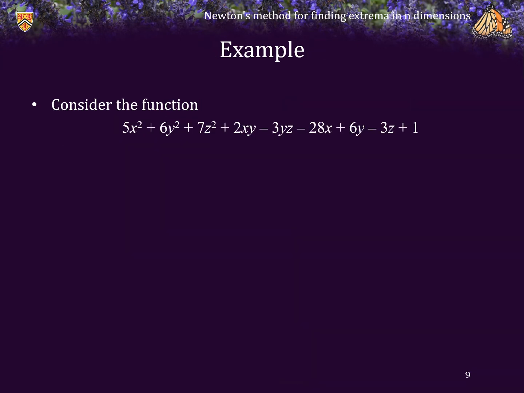Now, consider this function of 3 variables. Rather than using u sub 1, u sub 2, and u sub 3, I'm going to use x, y, and z because it's simply clearer to see. However, from a programmatic point of view, it's better to always think of a multivariate function as a function of a vector variable.